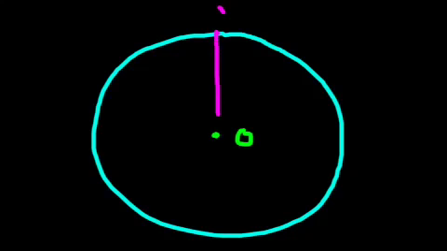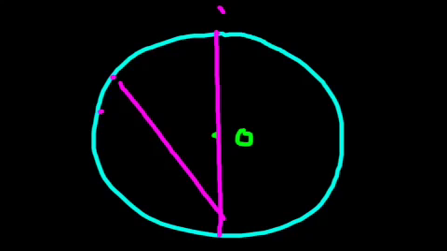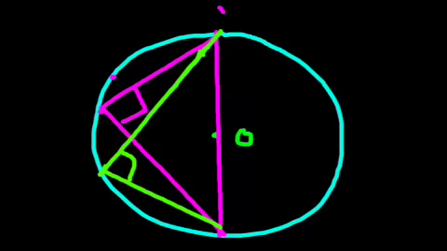I probably don't need to pause the video for this one. In this situation, the angle in a semicircle is always 90 degrees.